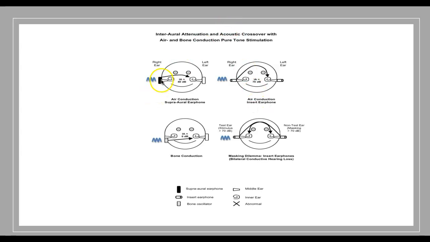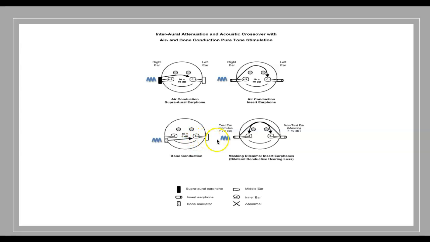Essentially, it shows that a sound that's loud enough in the right ear, if it's over 40 dB, the interaural attenuation value, can stimulate the other cochlea. Same here. But with bone conduction, when we're testing bone conduction, sound could be placed in the right ear and the left ear will respond.